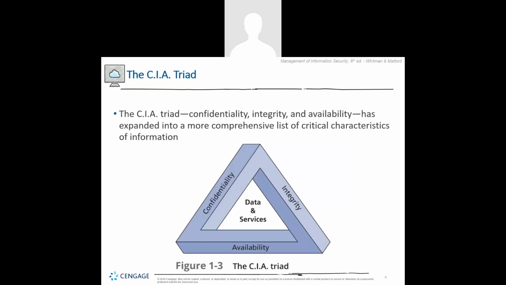The CIA triad has expanded to include a more comprehensive list of critical characteristics of information. You see it also has data and services protected by the confidentiality, integrity, and availability in this visual representation.